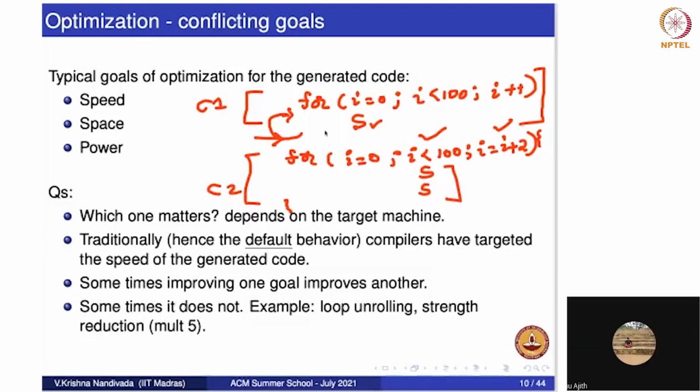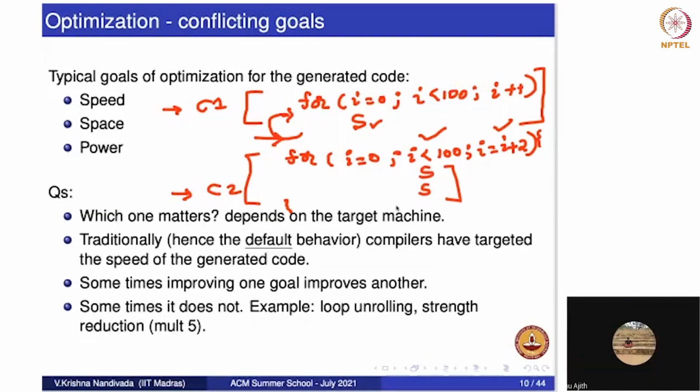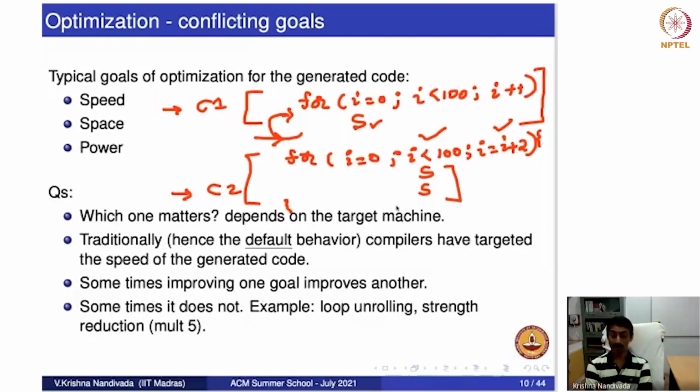Okay. So what happens when I write code like C2 instead of C1? Am I doing more work or less work? You're doing pretty much the same work, but are you doing the same? Okay, fine.